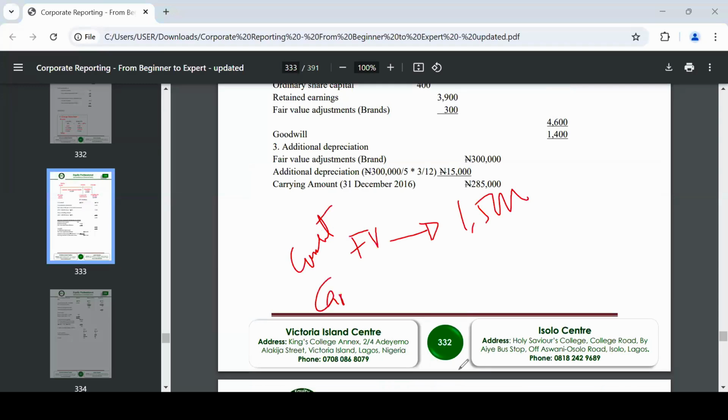Now, how about what is the carrying amount of our investment? Now, the day that we are derecognizing is 30th September, isn't it? We are derecognizing 30th September.